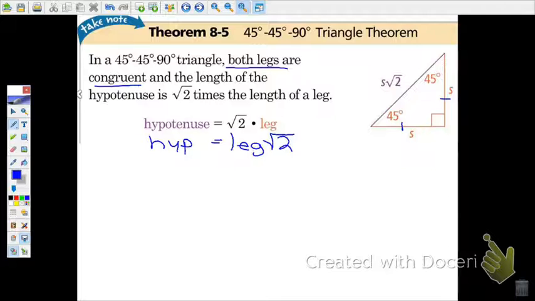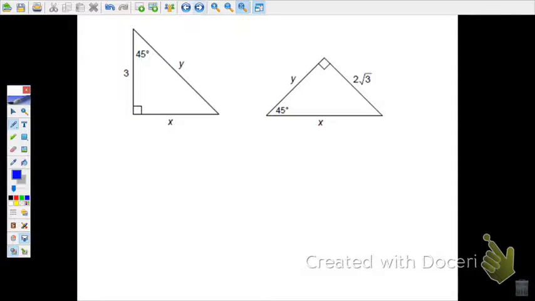So we've got 4 examples that we're going to take a look at in your notebook. In this first example, I know because this is 90 and 45, this is also 45. So I do have that 45-45-90 triangle. I need to find both x and y. What do I know x is equal to? It is equal to 3 because my two legs are congruent.